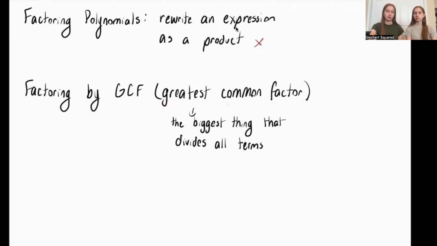The greatest tells us that we need the biggest. A factor is something that divides something. Like 5 is a factor of 10 because 5 divides into 10. We also have common. Something that's in common is being shared by several things. That GCF has to divide all of the terms.